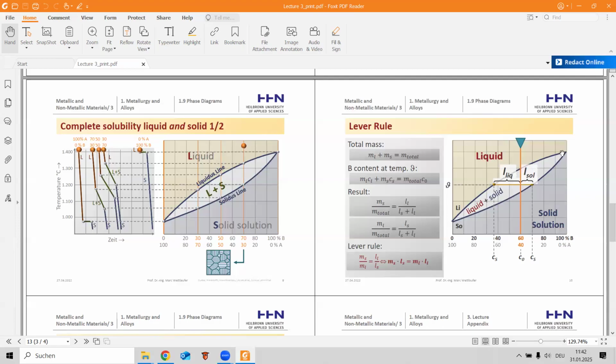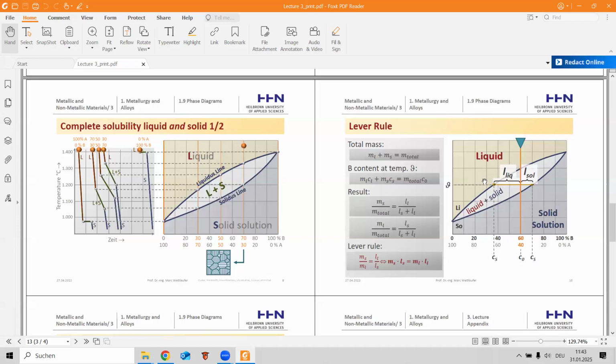So in visual scale, we can illustrate it. So we have here C0. It's a certain concentration: 60% component B and 40% component A. And in our case, we have here a liquid lever and solid lever.